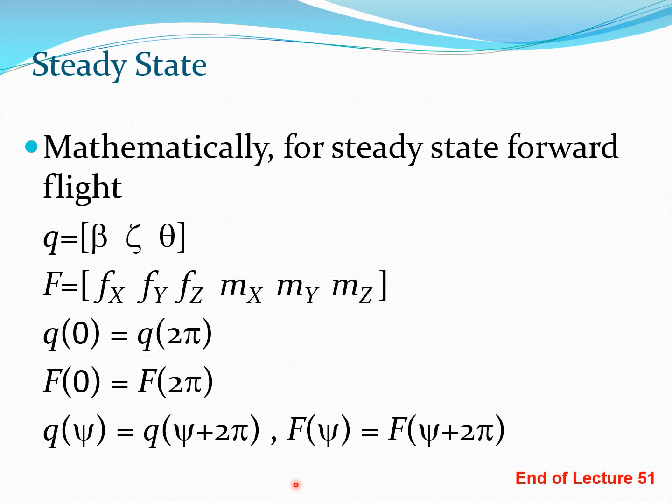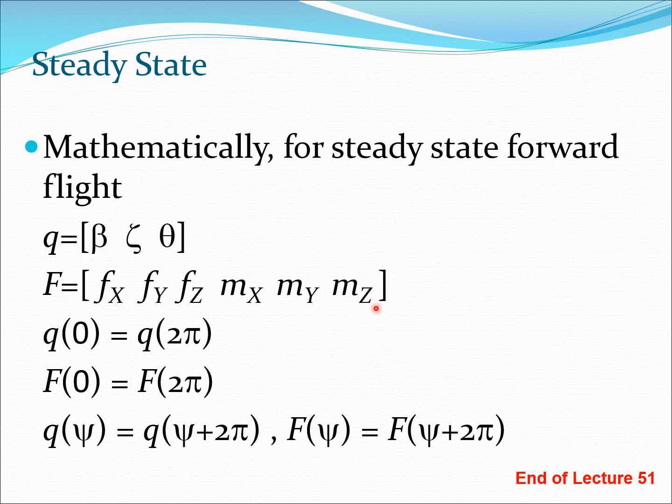So mathematically, if we look at steady state forward flight, we see that the blade response, we are going to slowly start calling the blade response Q as a more general nomenclature. So beta, zeta, theta are all functions of psi, therefore Q is going to be a function of psi. And F are the loads which act at any given section.